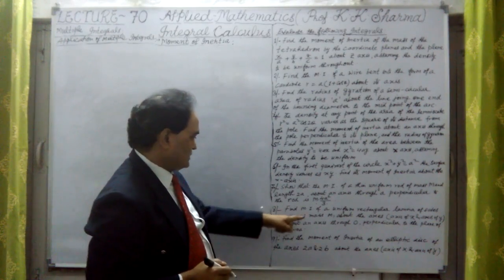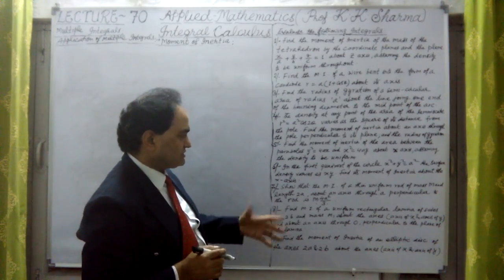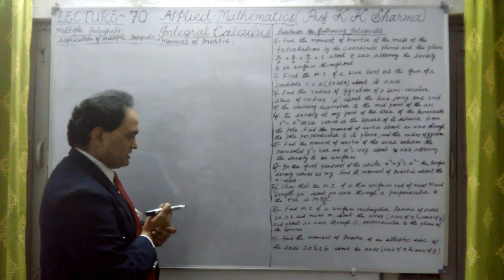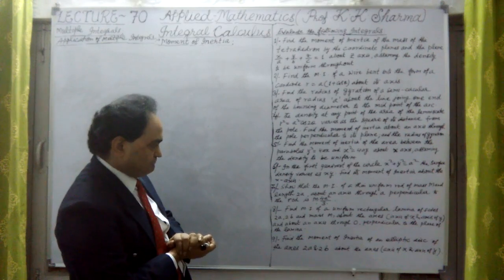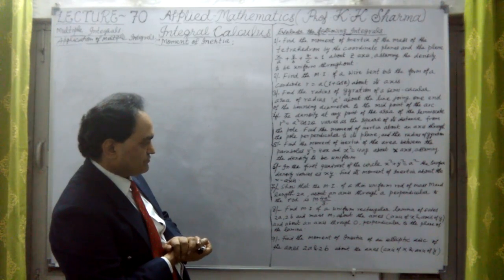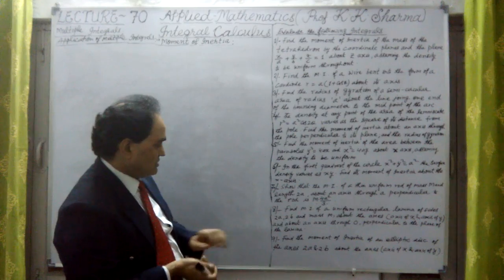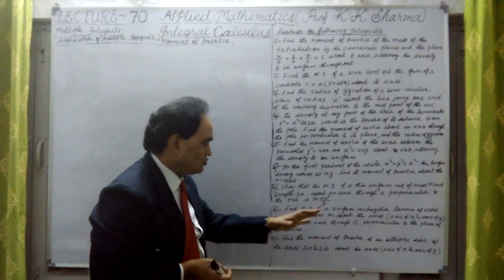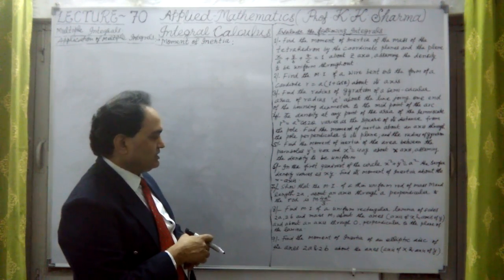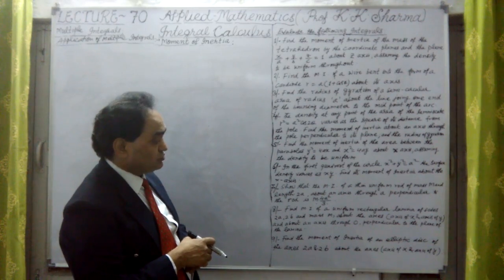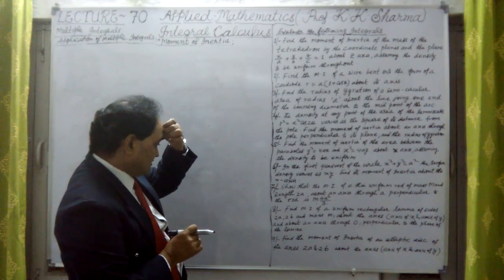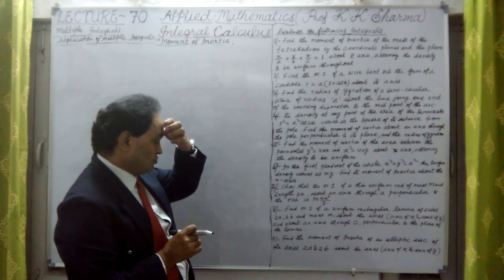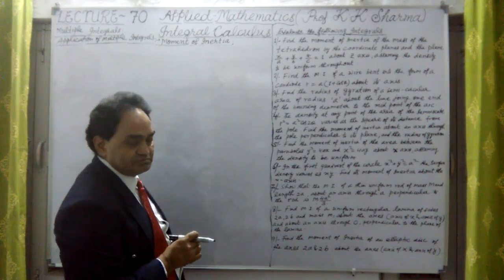It says, find MI of a uniform rectangular lamina of sides twice a, twice b and mass m about the axis of x and axis of y, and about an axis through O perpendicular to the plane of the lamina. There are two things required. First, two axes, x-axis and y-axis, and then perpendicular to O. That means these two are to be added up.